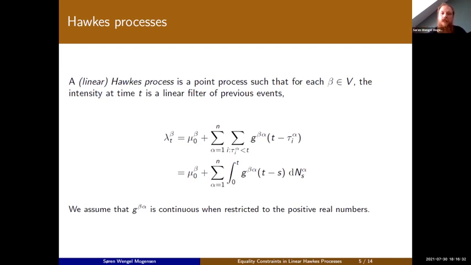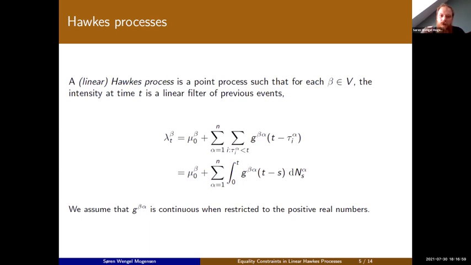You can see that this G function essentially describes how, and if, alpha events make it more likely to see more beta events in the future. When I say more, this is because these processes are purely excitatory. There's no inhibition. When you observe an event, it's only going to spark more events. It's not going to inhibit anything.